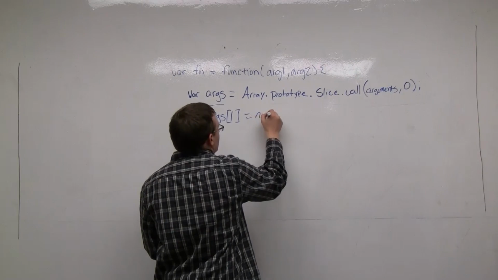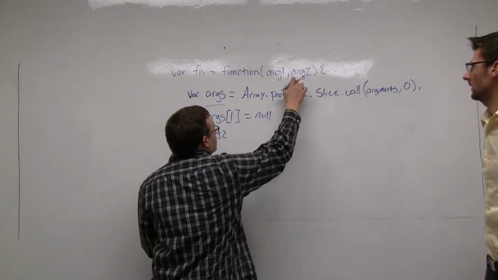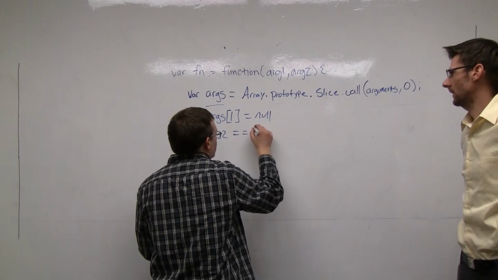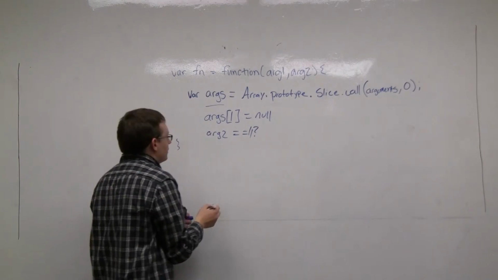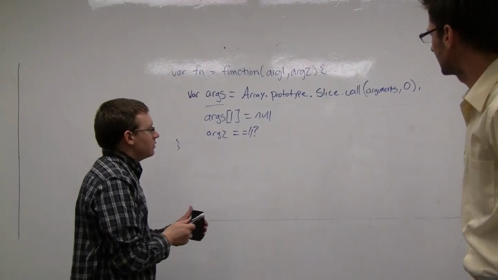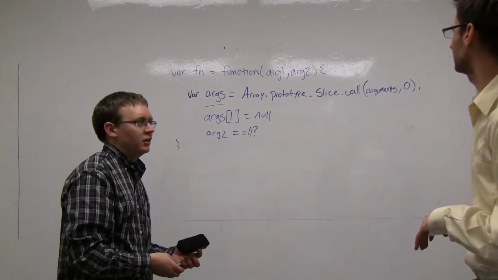Arg2 still equals whatever it was, AB, I think, in the example we passed in there. Okay, so that's a real life example of why you would ever want to use that silly call thing. That's correct.